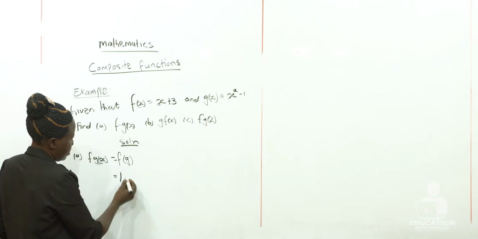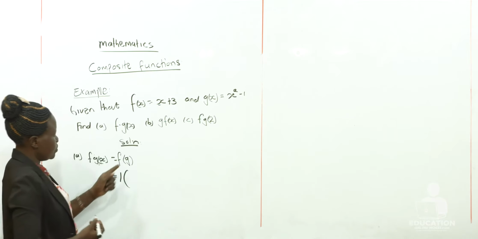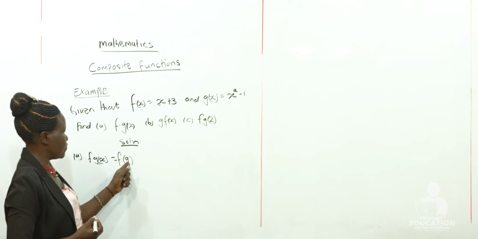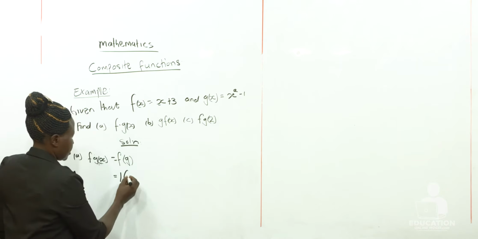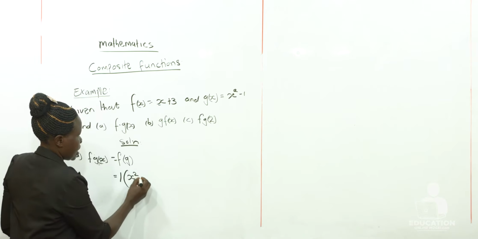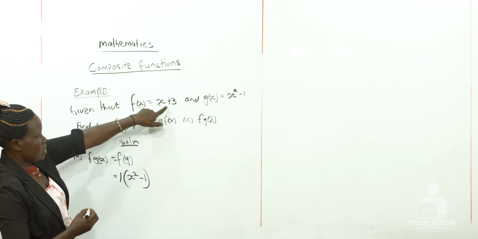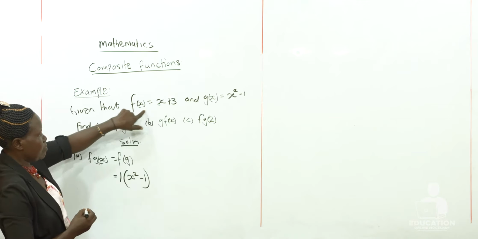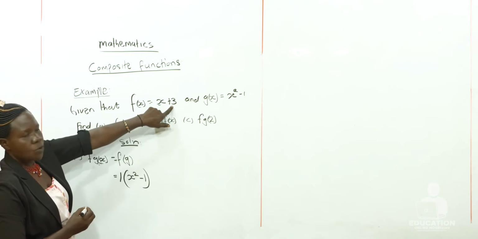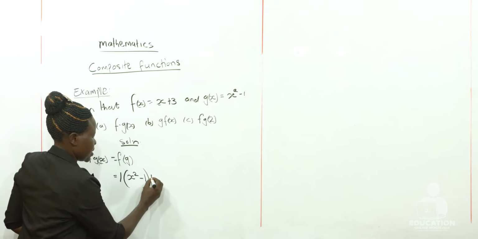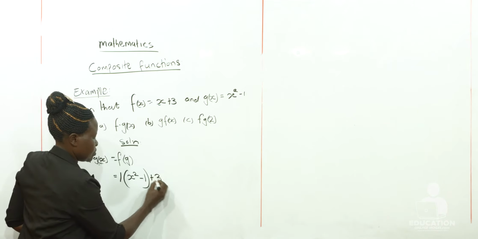So you say 1, and then you open a bracket, you write the whole function of g, which is x squared minus 1. Remember that the whole of function f must be outside. So we have a constant 3 here. This constant 3 will be outside the bracket.